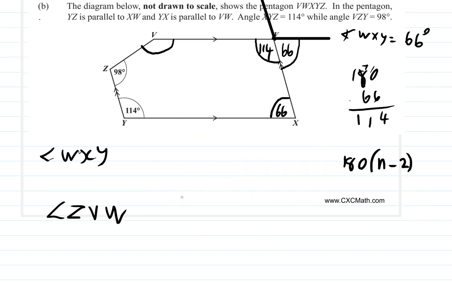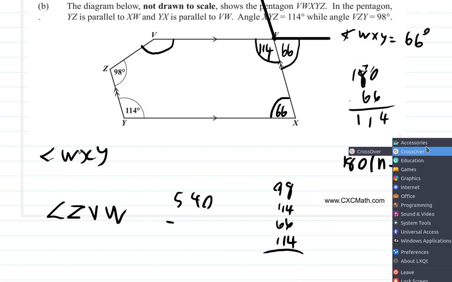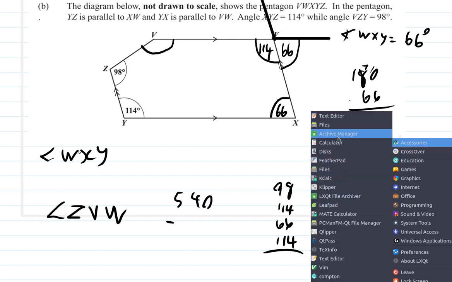Now, 540 minus, and it's going to be 98. Let's calculate this first. You have 98 plus 114 plus 66 plus 114. So you have 4 angles so far. What do they add up to? Let's just look at our calculator and see.